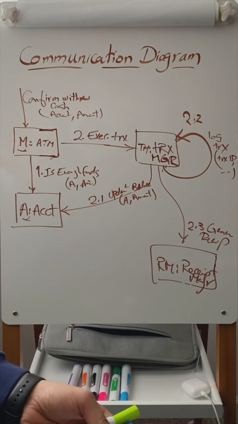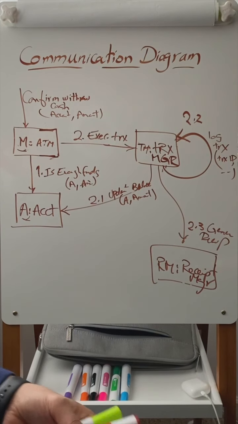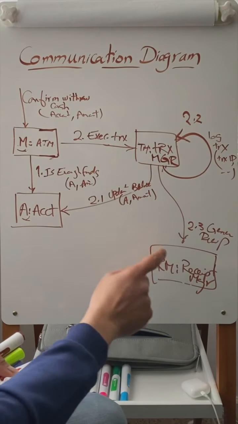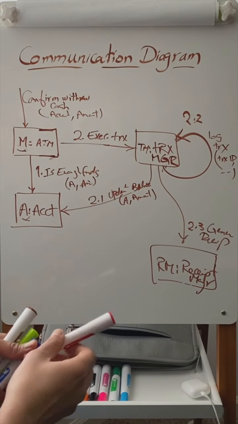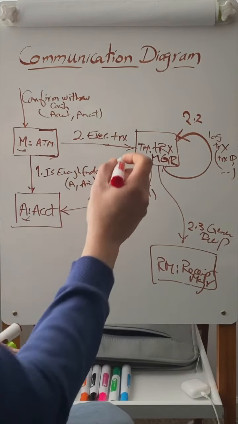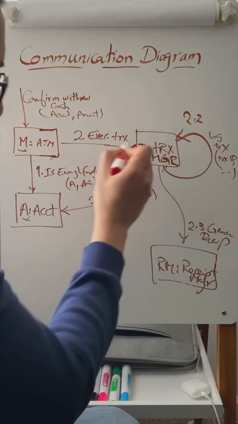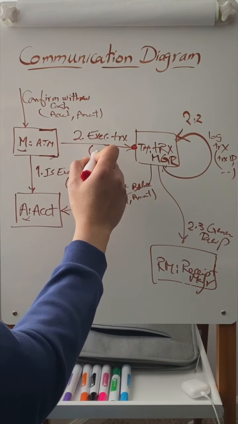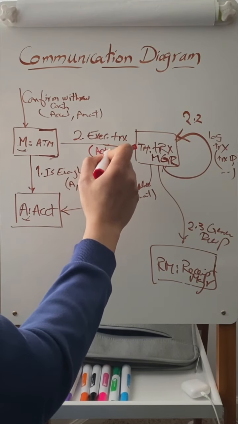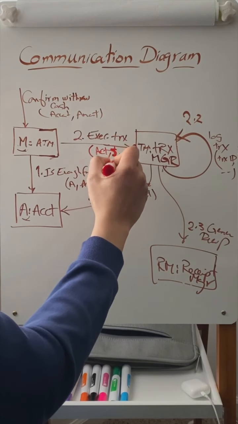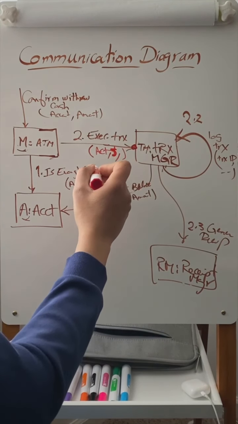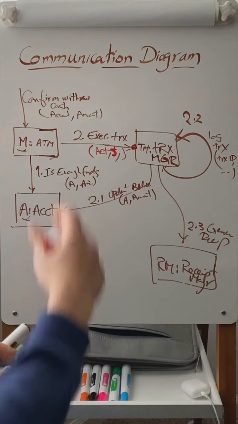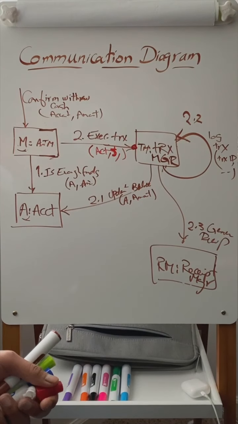Communication diagram is one of those where you're really designing the object. So this is an object. This object, transaction manager, will have an endpoint, a public function that's called exec transaction, and maybe this will take account, you have amount, and this returns an ID, and this is for this here to use.